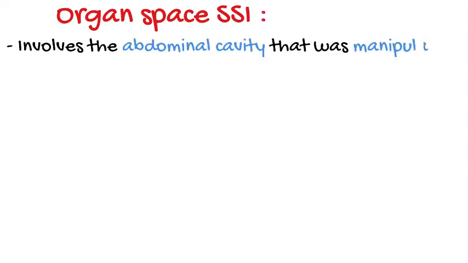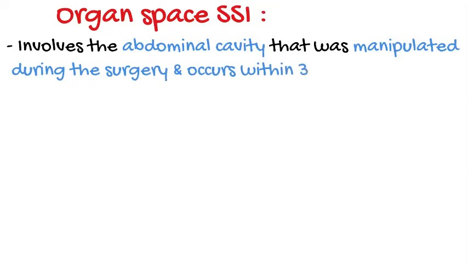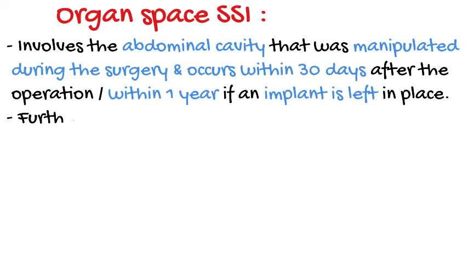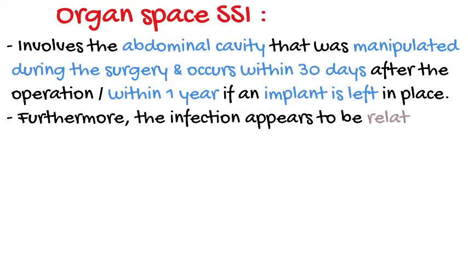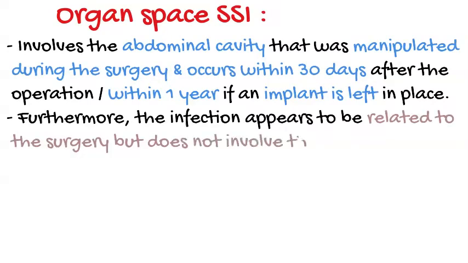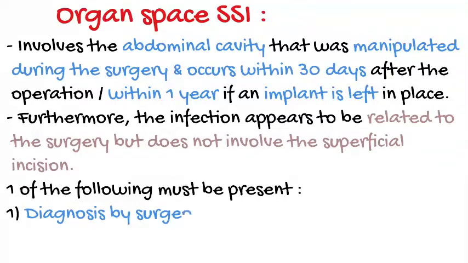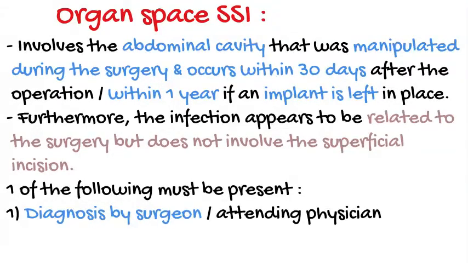An organ space surgical site infection involves the abdominal cavity that was manipulated during surgery and occurs within 30 days after the operation, or within 1 year if an implant is left in place. Furthermore, the infection appears to be related to the surgery but does not involve the superficial incision. One of the following must be present to diagnose it. 1.